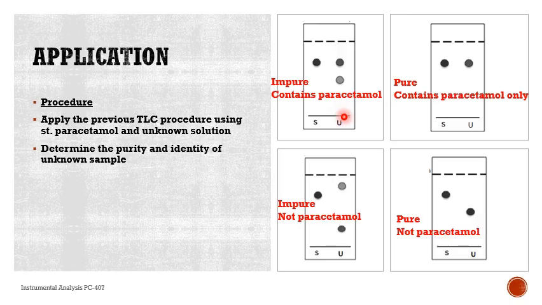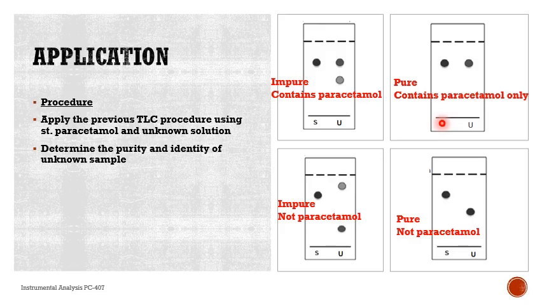This means that there are 2 compounds, not only one, in this solution, one of which is paracetamol. Why? Because this spot has the same RF value, or it has migrated the same distance as paracetamol. That's why we can conclude that this solution contains paracetamol, but it is impure as it contains another compound other than paracetamol.